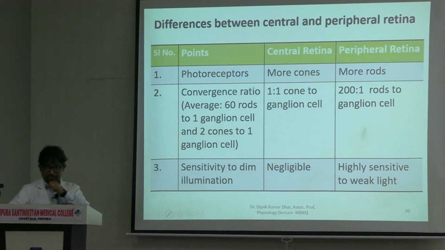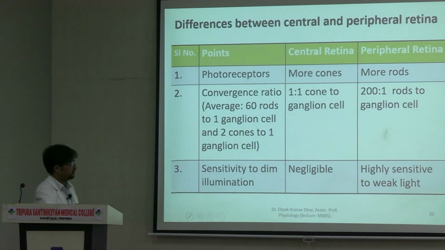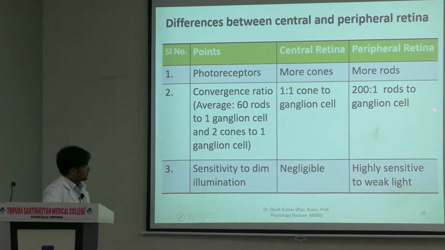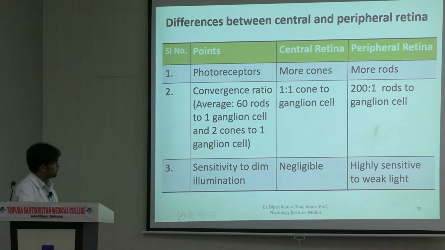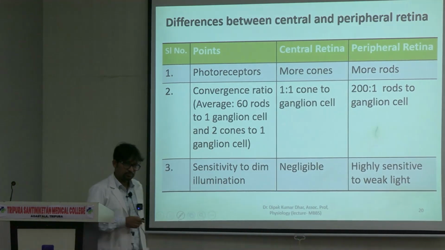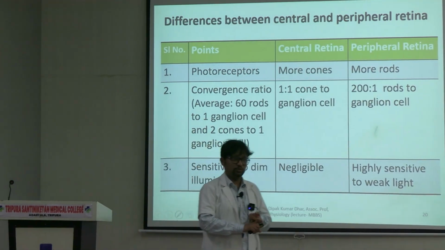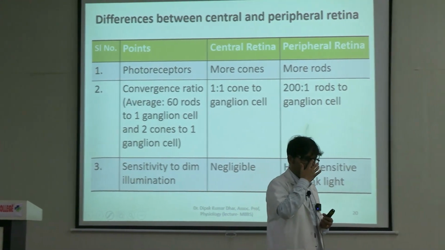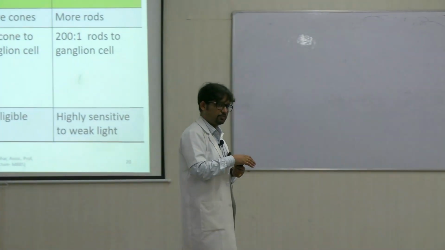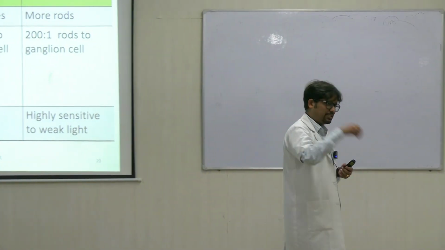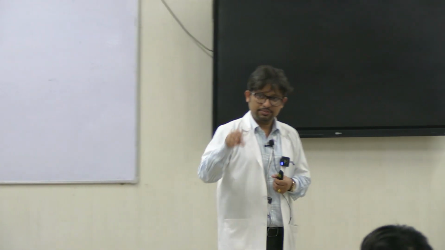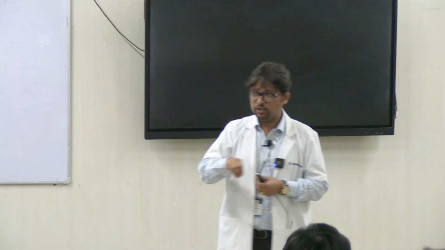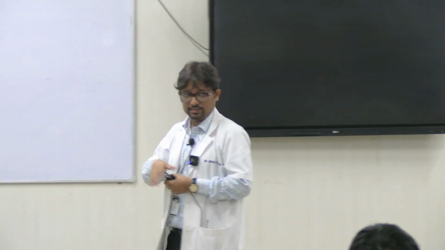Now what are the other differences in central and peripheral part? So this point is very important. The second point, yeah, already you know this, convergence ratio. So starting of vision I told you this कि visual pathway एक ऐसा pathway है जहाँ पे synaptic convergence and divergence दोनों हैं, the same pathway. तो photoreceptor से till the ganglion cells there is convergence.